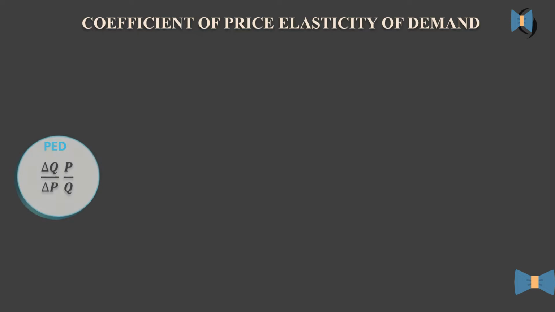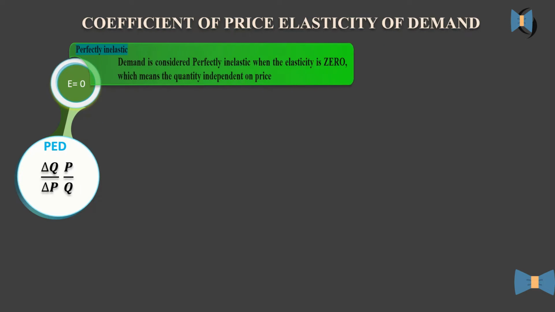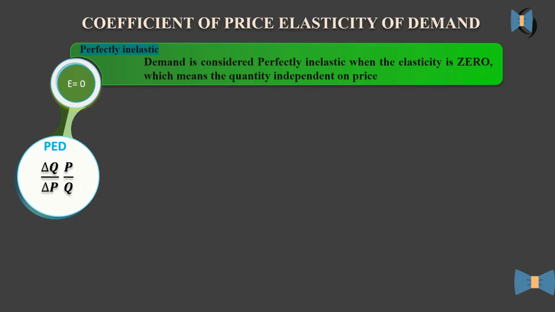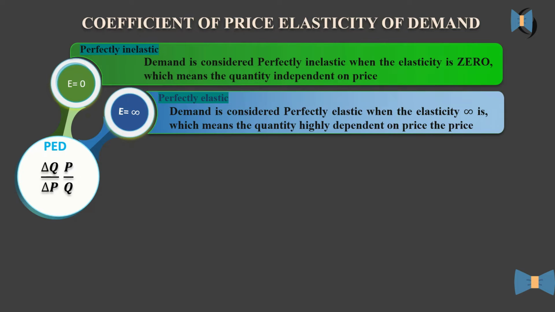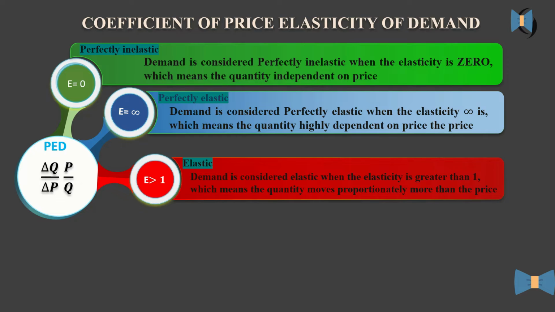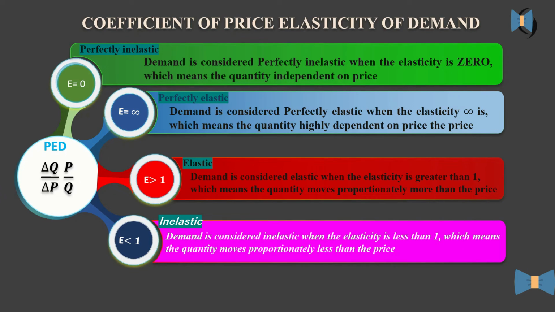This coefficient tells us: if the coefficient is equal to 0, it means perfectly inelastic. If the price elasticity is infinity, it means perfectly elastic. If the price elasticity is greater than 1, it means elastic. If it is less than 1, we call it inelastic.